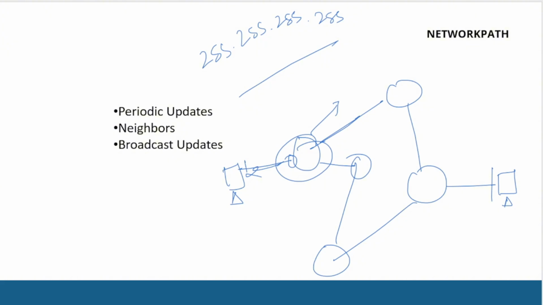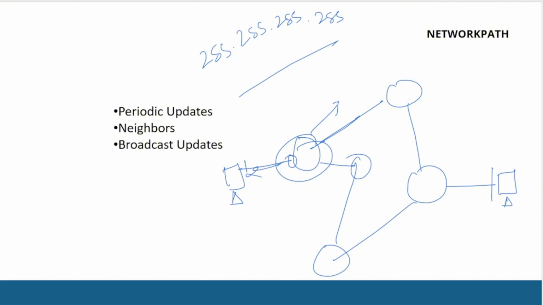I hope that is clear. So the recap is distance vector protocols send periodic updates. They rely on neighbors to pass information hop by hop, and they often use broadcast. Okay, not every routing protocol is going to use broadcast. There are different ways, but yes, they often use broadcast to announce themselves and find other routers. I hope that was clear.